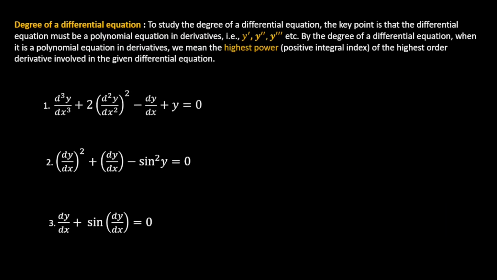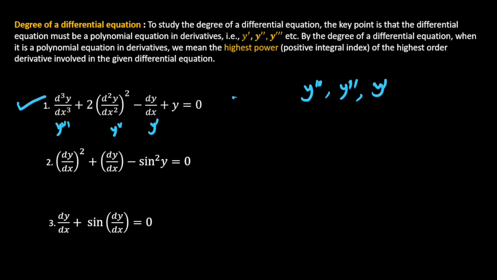Now let's look at some examples to understand the degree. Now tell me one thing, can the degree always be defined? I will answer this question later. We observe that equation 1, that is example 1, is a polynomial equation in y triple dash, y double dash, y dash.